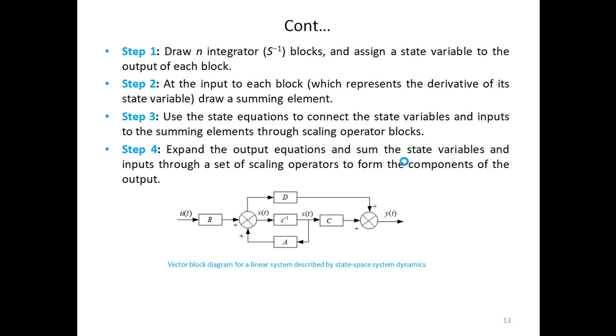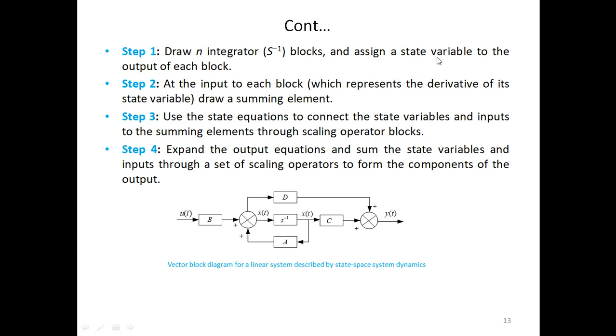It has 4 steps. First, draw n integrator blocks and assign a state variable to the output of each block. Blocks means the derivative of the state, or the number of state equations.